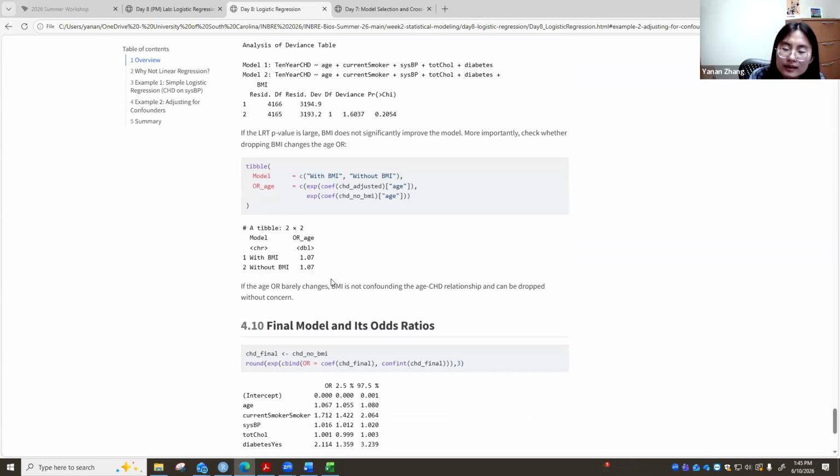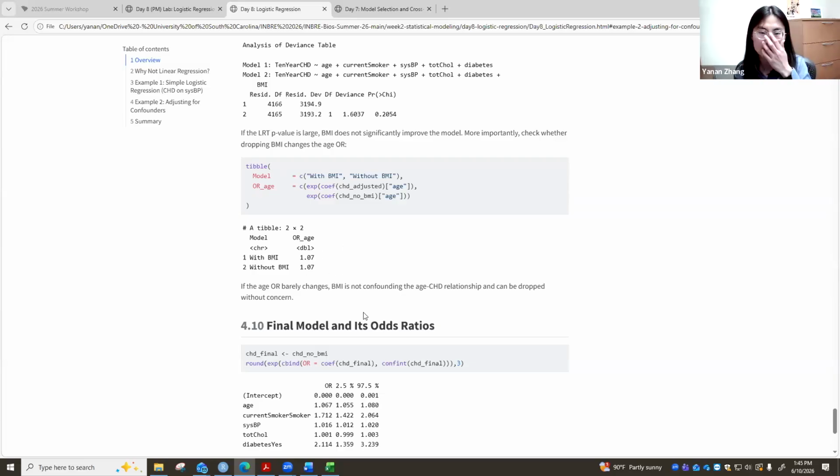This also indicates maybe we should use the model without BMI, because with or without BMI, the age effect does not change too much. In practice, we can use the 10% rule to decide if the change in the odds ratio is large enough to be considered.